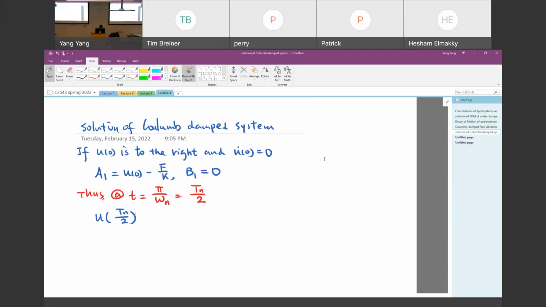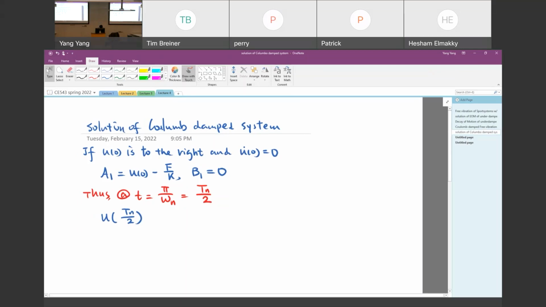So that's equal to, what does that mean? That means, so this is where we have the 0 displacement.